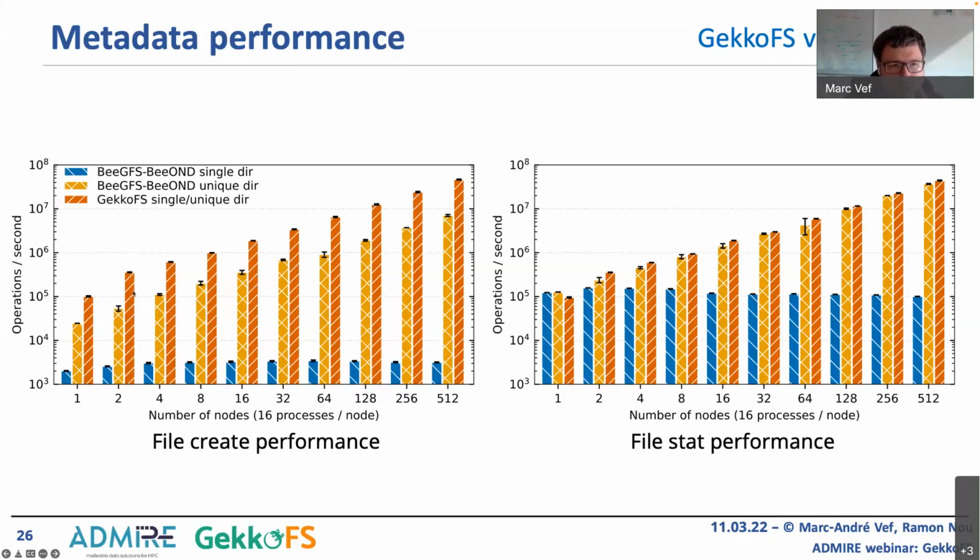Okay, GekkoFS still is a lot faster, basically the same performance that you saw before, but it's much more apparent here how little metadata performance you get if you only operate in a single directory, compared to if the processes use their own directories, right? For stat performance, the performance is somewhat similar, but again, for single directory performance, it reduced a little bit.